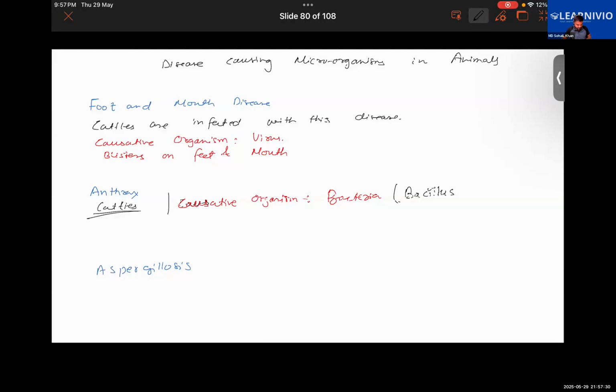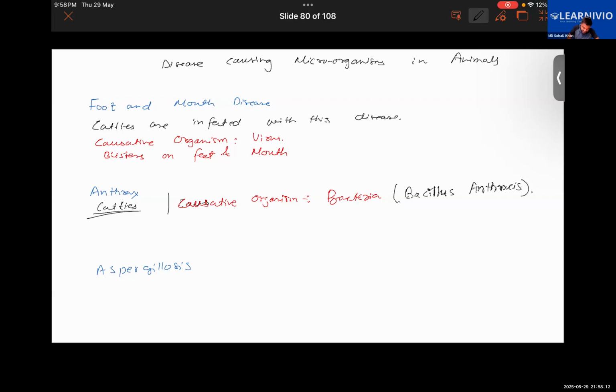Now, this bacteria Bacillus anthracis, which causes the anthrax disease, was discovered for the very first time in the year 1876 by Robert Koch.